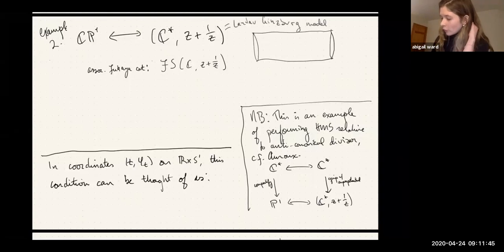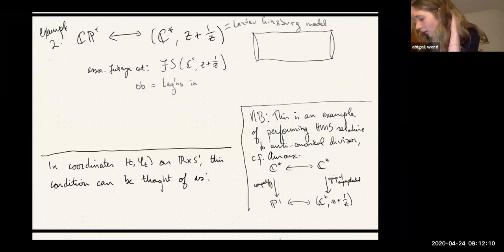To this Landau-Ginzburg model, we can associate a Fukaya-Seidel category. Sorry, this should be C star here. So the objects are, say, Lagrangians in C star that fiber over the positive real axis.